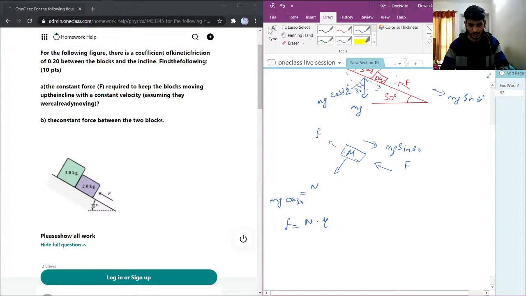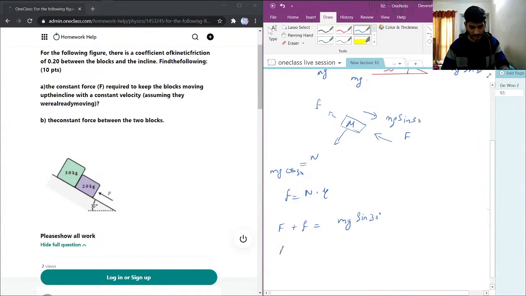So we'll just write the equation for capital F plus small f equal to M g sine 30 degree. Small f is mu M g cosine 30 degree.